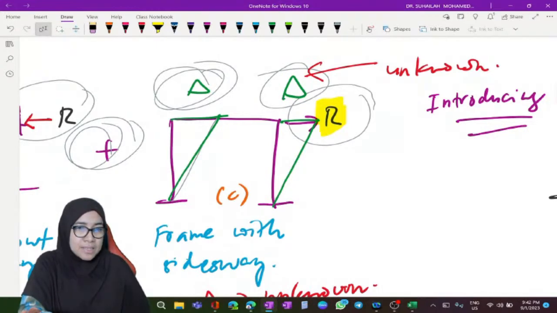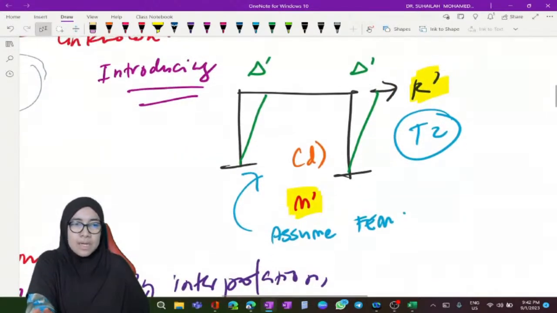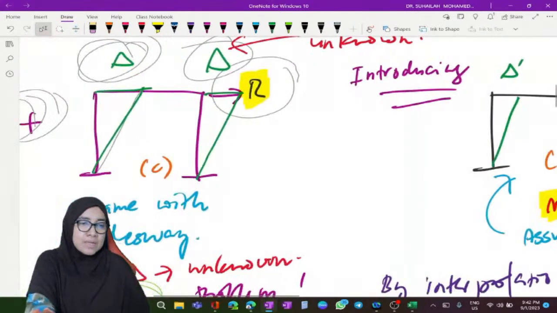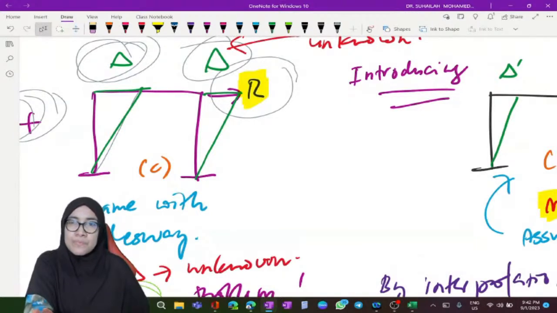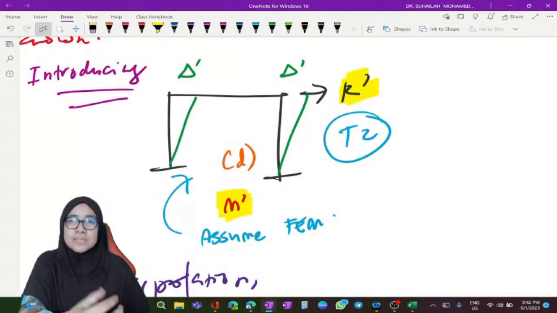However, since delta is unknown, we cannot assume the delta. So the one that we assume is not C. We introduce another diagram which is proportional to C, the same frame but subjected to R prime.